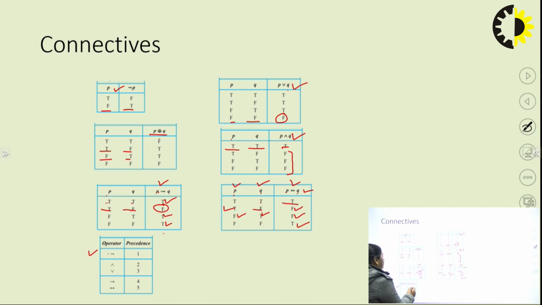It has the highest precedence. The second precedence is of and, then or, then implication, then bi-implication. So, this is the order of precedence.